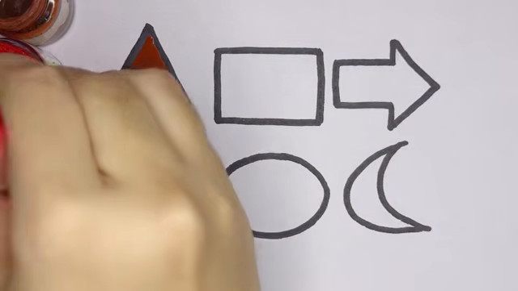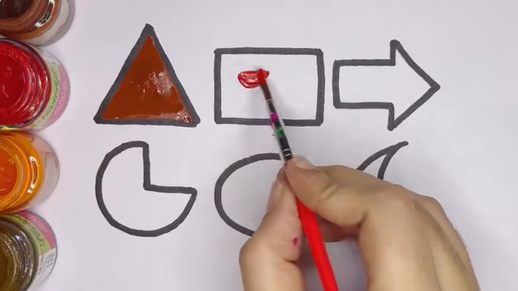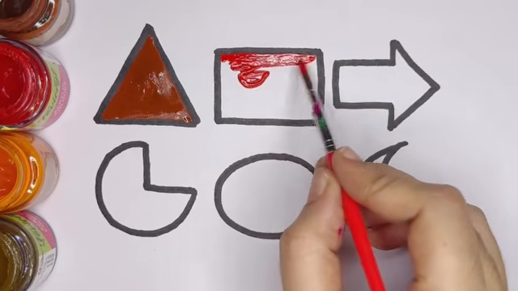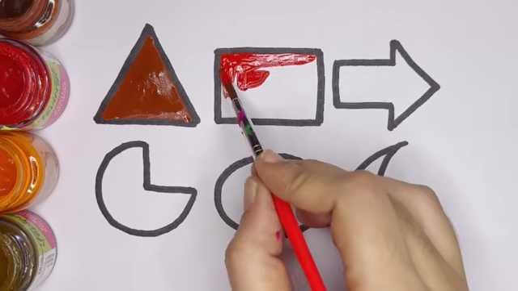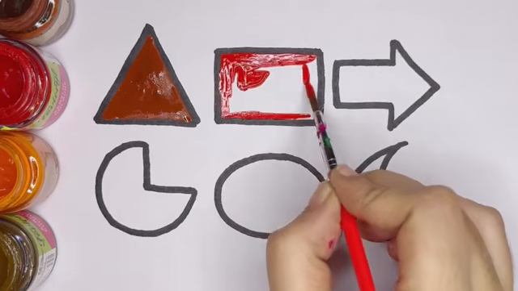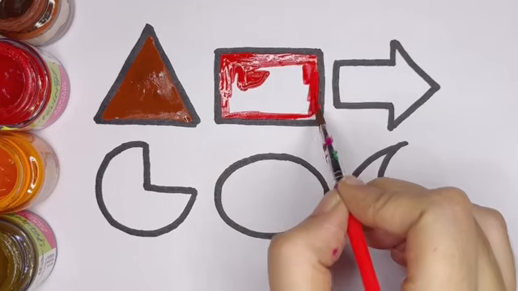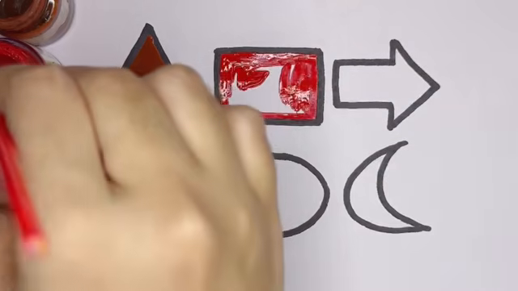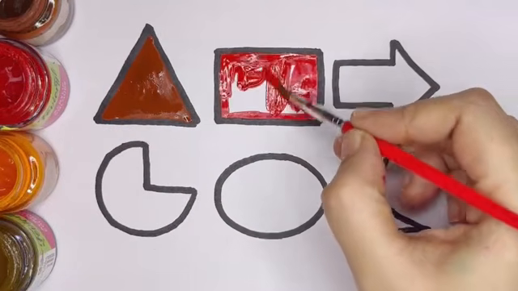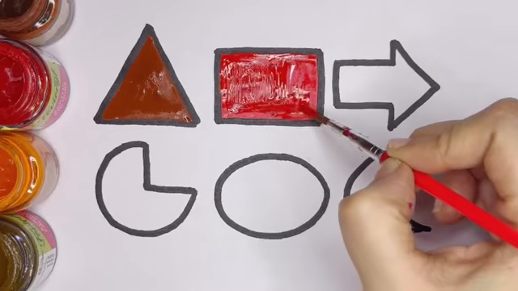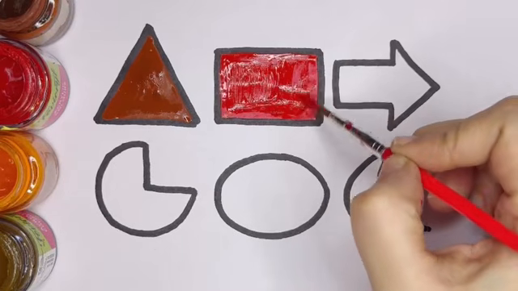Next is rectangle, red color. We are doing red color to rectangle. This shape is called rectangle.